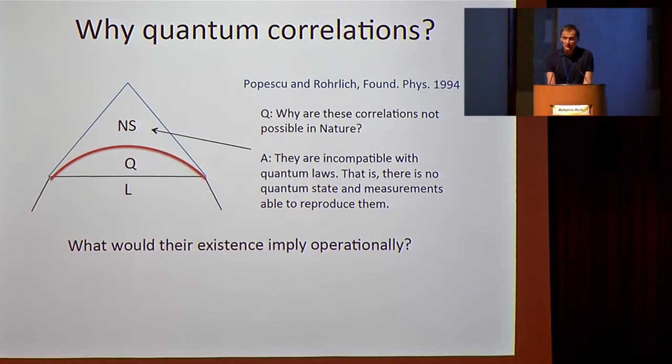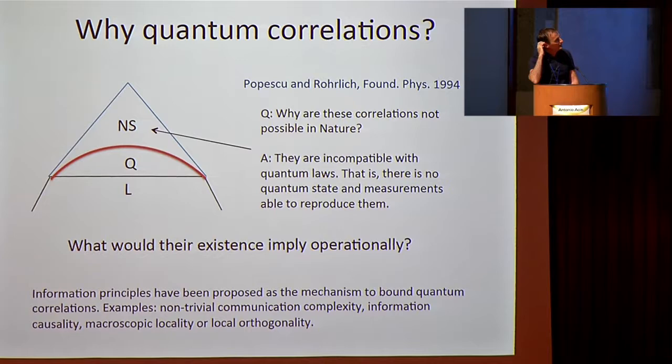Okay, this might be satisfactory, but for some people it's not the nicest answer to this question, the fact that I cannot find objects in a Hilbert space. So people thought, okay, maybe we can understand why we don't see these super quantum correlations in nature without thinking about the Hilbert spaces.